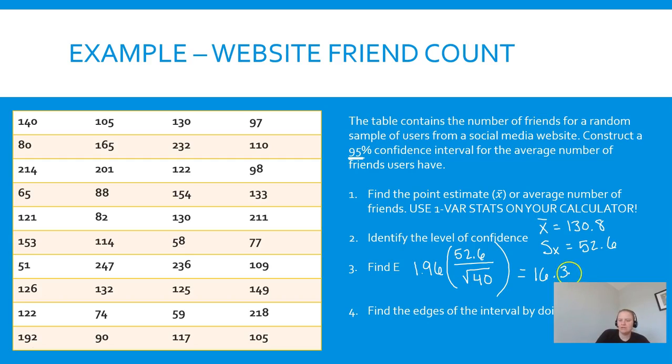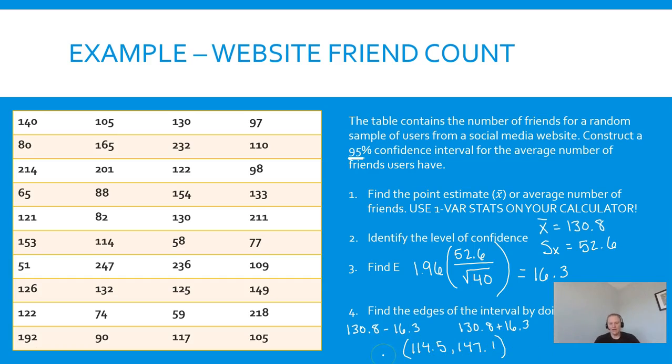So what we're going to do is take that margin of error, subtract it from my point estimate, and add it to my point estimate to get the range. 130.8 minus 16.3 and 130.8 plus 16.3. When I do that, the numbers that I get are 114.5 and 147.1. That's usually how you'll see the answer written for a confidence interval, like an ordered pair.